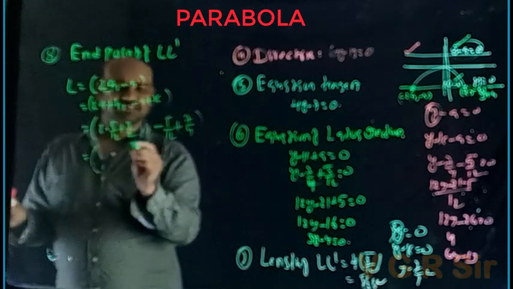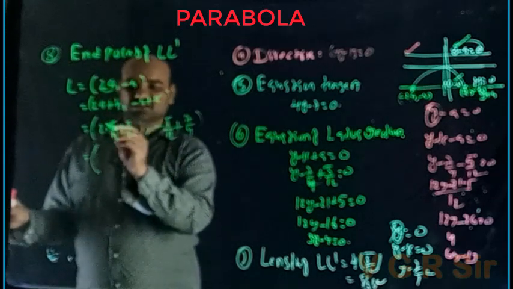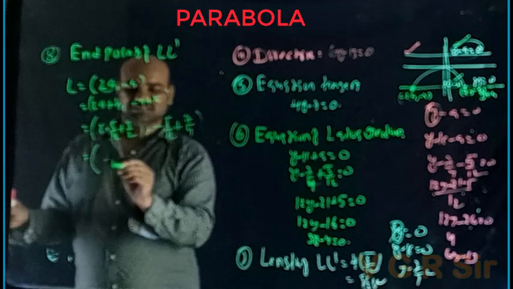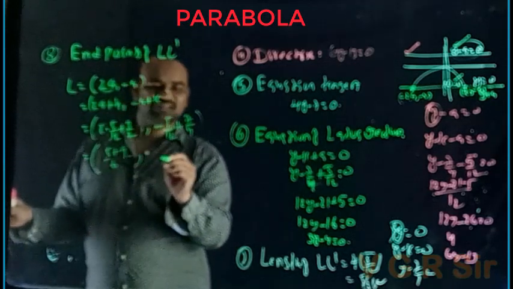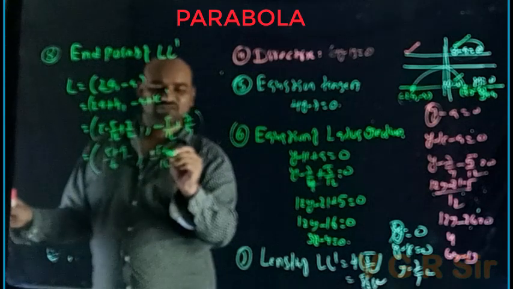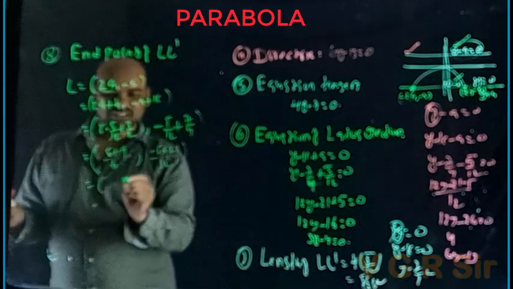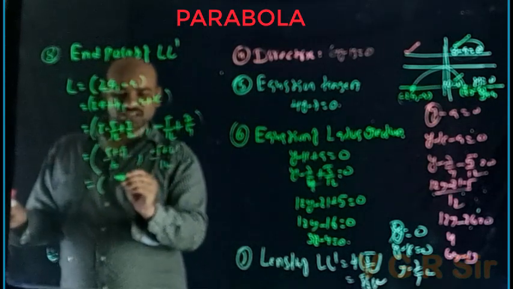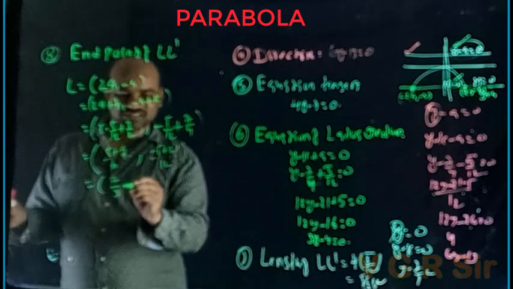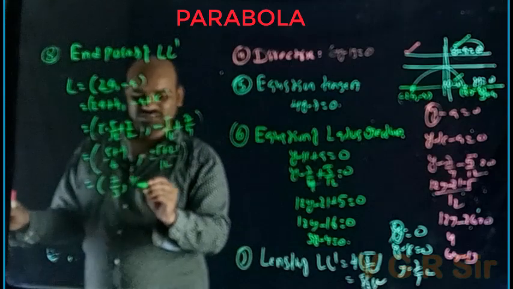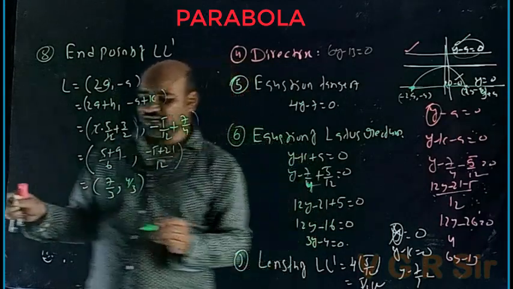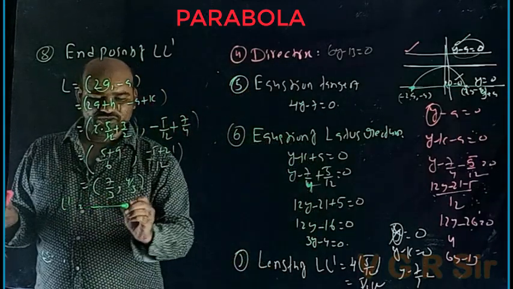Simplifications. Yeah, 2 cancel, 6 LCM. 5 plus 9 over 6, comma here 12 LCM, minus 5 plus 21. So that's why I can say that this is 14 by 6, that is 7 by 3, comma this is 16 by 12, that is 4 by 3. Okay, similarly you can find L dash, that is not a big problem. You people can find L dash.